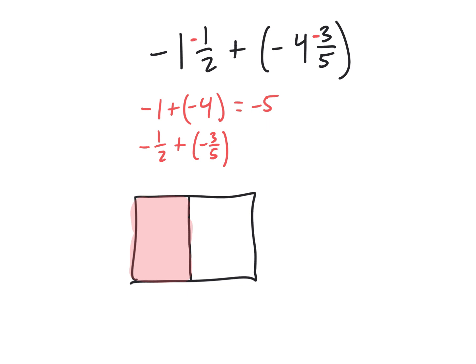There we go. So here's my fifths. And I'm going to shade 3 of those also in red. So you'll see that the overlapping sections are going to get a little bit darker. Okay, and I just have a bunch of red. So for this one, I don't make any 0 pairs.